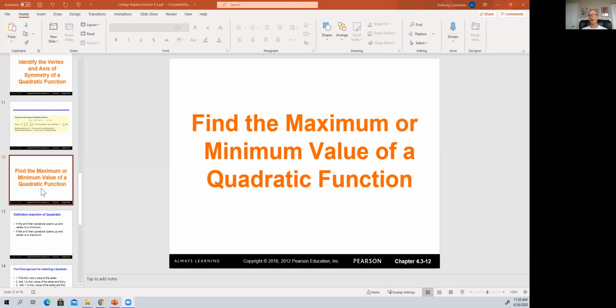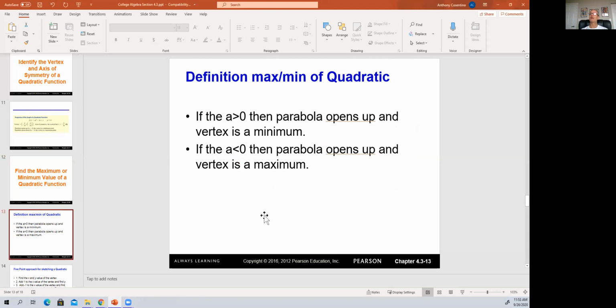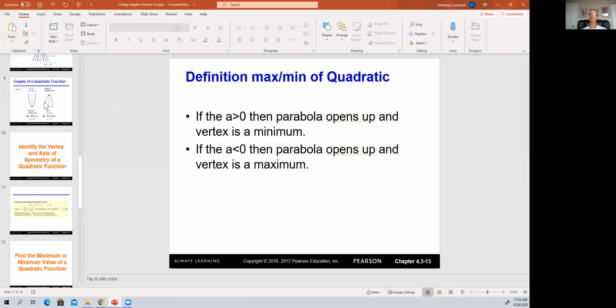And so again, calculating maxes and mins. The answer will always be the vertex. Remember that we talked about when the a value is greater than 0, the parabola opens up, and so the vertex will be the min. And when the a value is less than 0, the parabola opens down and the vertex will be the maximum.